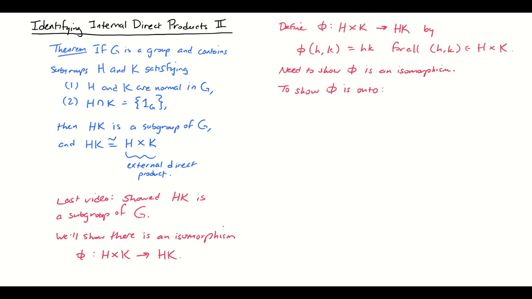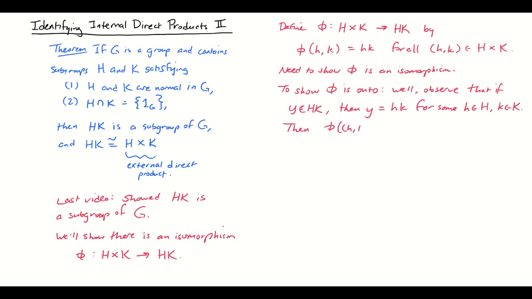well, observe that if y belongs to HK, so some possible target of this function, then y is equal to h times k for some h in the subgroup H and some k in the subgroup K. Okay, then we know that phi of (h, k) is equal to hk, which is equal to y.